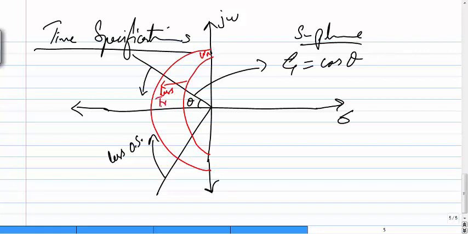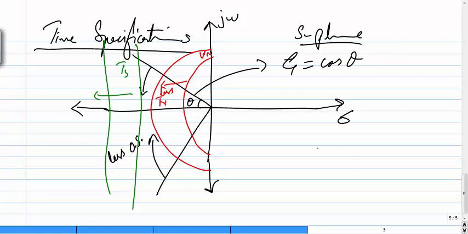So if we move in that direction, we have a fast response of the system, or less rise time. And the last thing, represented by a straight line, tells us about the settling time. As we go in this direction, we have a faster response.